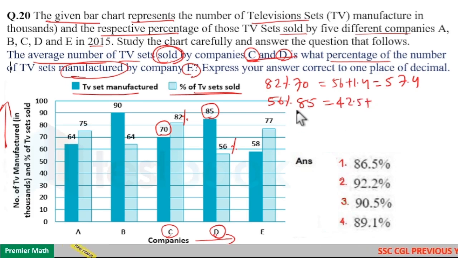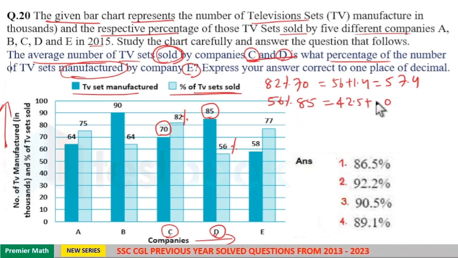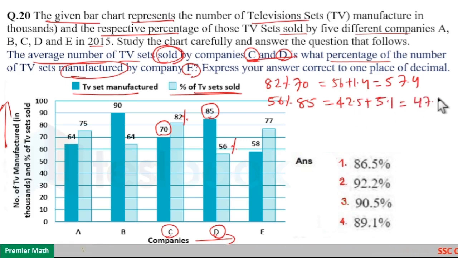And 6% means 6 into 0.85. So 6 into 5, 30. 6 into 8, 48 plus 3, 51. Which means 5.1 is 6%. So which is equal to 47.6.